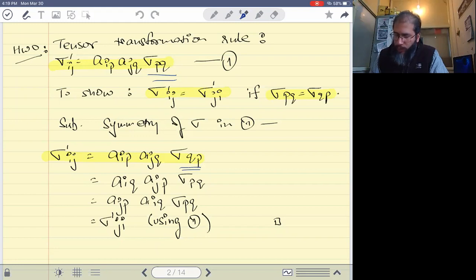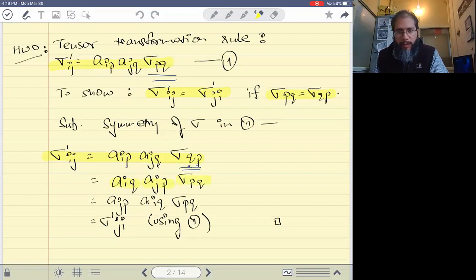So what I've done in the second step is I've replaced P with Q and Q with P, because you can see that P and Q both are dummy variables. They appear exactly twice, both of them, so I can write any other variable. So this AIP becomes AIQ, and AJQ, the second term in the first equation, becomes AJP.